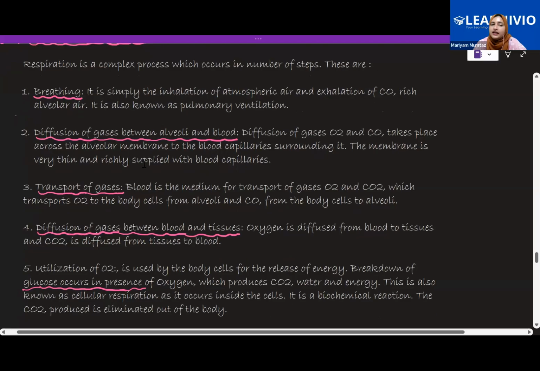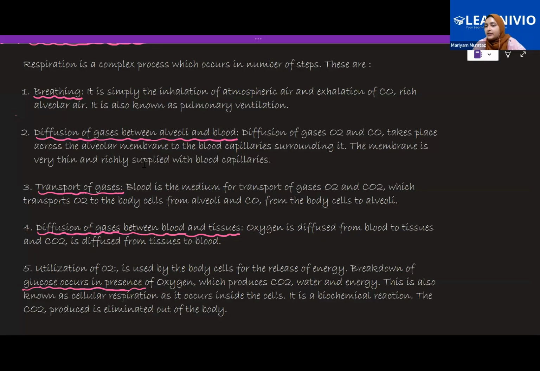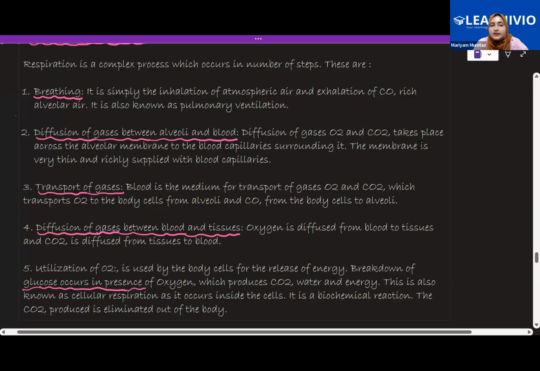Then the air that comes into our body gets diffused between the alveoli and the blood, meaning the air that contains the oxygen gets transported to the whole entire part of our body. So that happens because of diffusion. So diffusion of the gases oxygen and carbon dioxide, this is CO2, not CO, takes place across the alveolar membrane to the blood capillaries surrounding it.